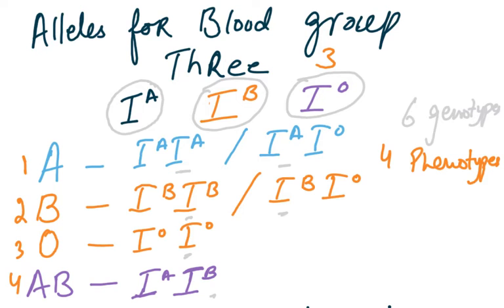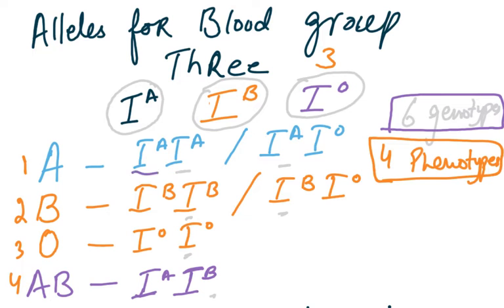So we have 4 blood groups, which means we have 4 phenotypes. Now this is a typical MCQ which they give you on this. But then we have 6 genotypes. By 6 genotypes, I mean 1, 2, 3, 4, 5, and 6. So these are the alleles for blood group.